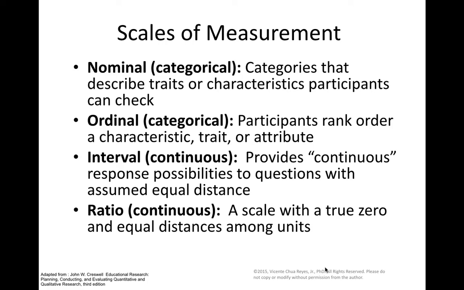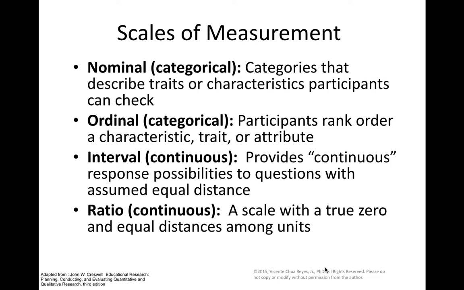Then you have ordinal. Also categorical, participants rank order a characteristic, trait, or attribute. So you have people who would say that I am happy, I am more happy, I am really greatly happy, for example, right?